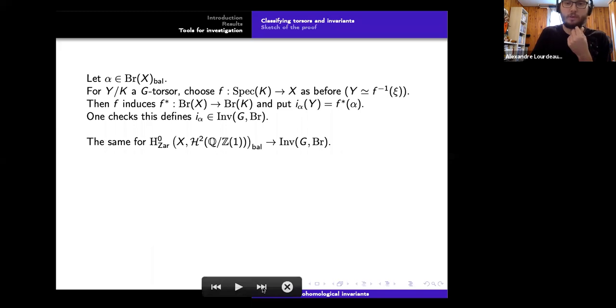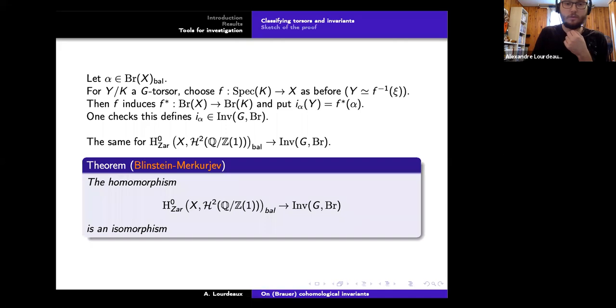The same works for this other group, because in that case, when X is a field, we just have the Brauer group of the field. And one important point is a theorem by Blinstein and Merkurjev that the second map, if we construct the map like this, gives an isomorphism of groups.